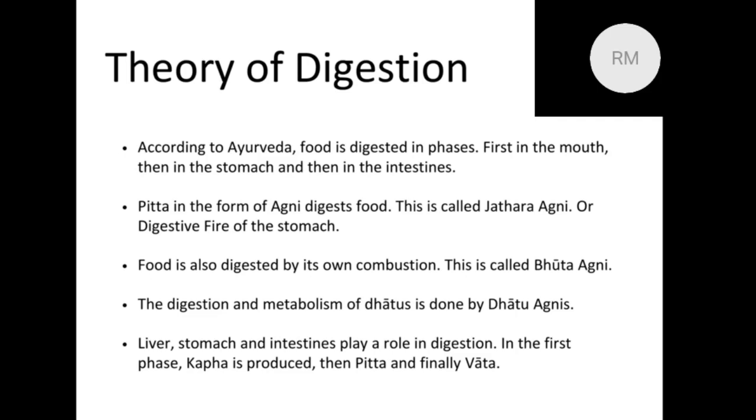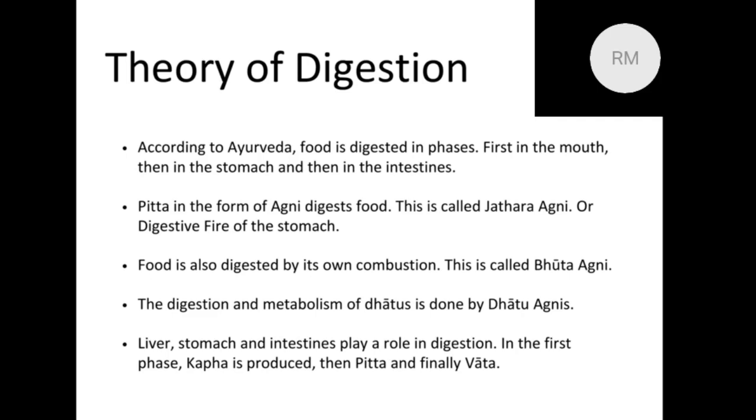Like if you want to burn a paper, you must first use a matchbox and give the fire from outside. And once the paper catches fire, then it can burn on its own. So Jatara Agni is that fire in the human body, in the stomach, which activates or initiates all the digestion.